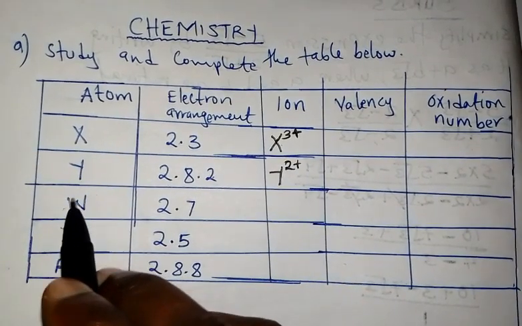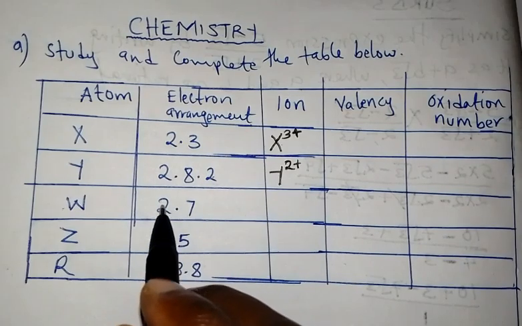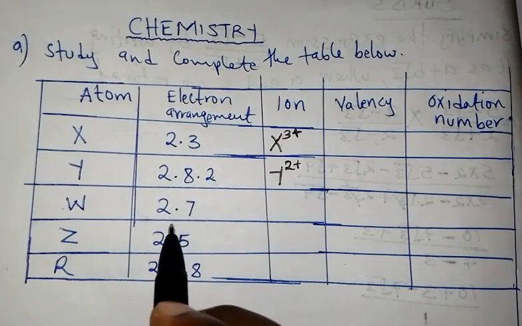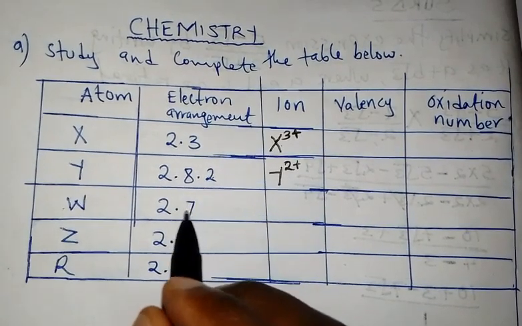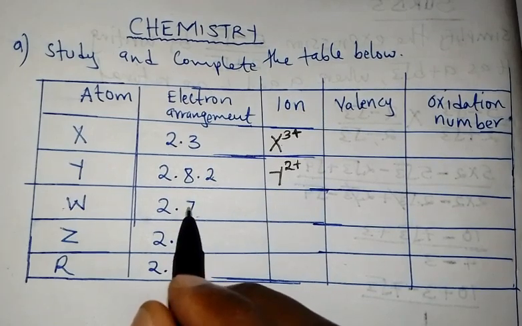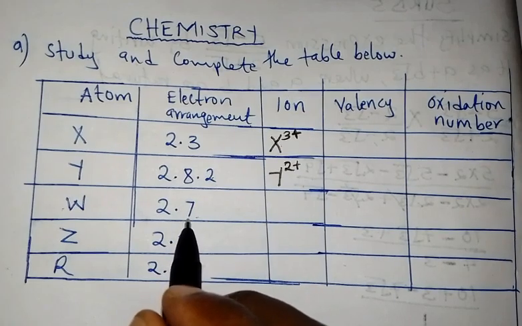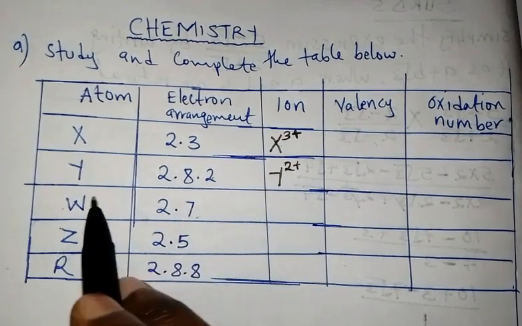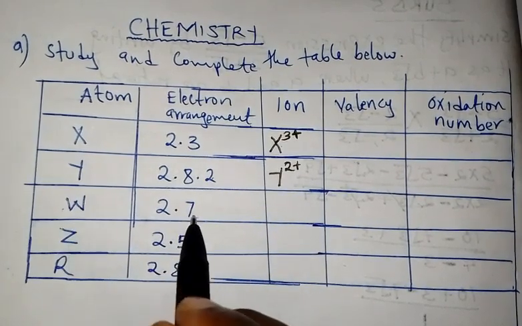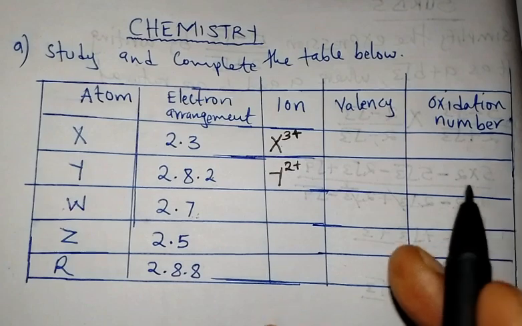Let us look at the atom W. The atom W electron arrangement is 2:7. So for the second energy level to be fully filled up, we only require one electron in this case. So it is easy for this atom W to gain one electron compared to losing 7 electrons.